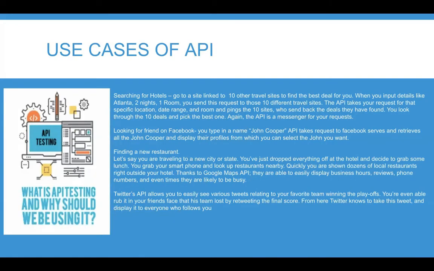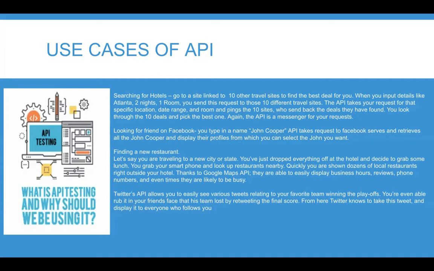I gave you the common use cases when we are searching for hotels, going on holiday. You want to get a list of all the hotels within a particular location, their prices and all that, to be able to give you an informed decision as to which one you need to pick and go to.